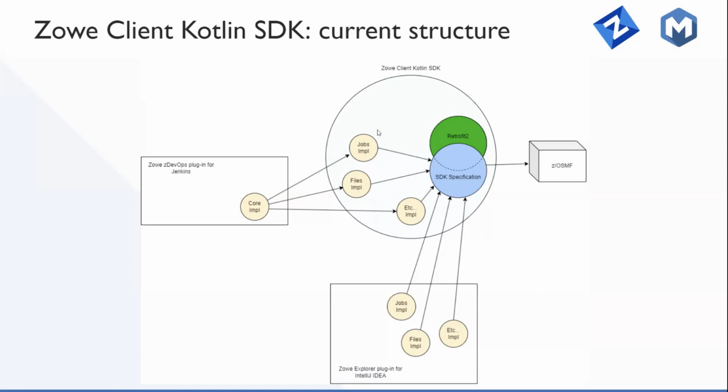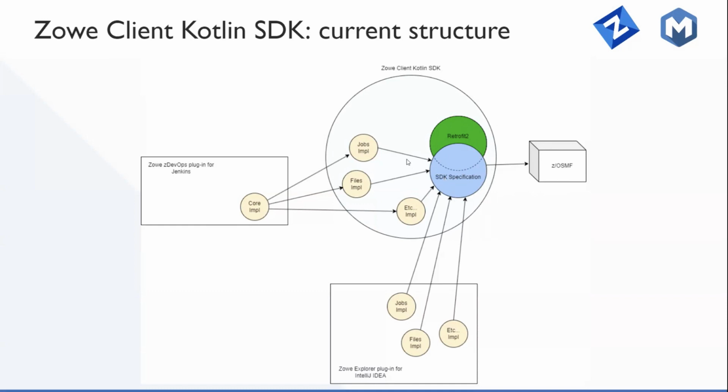For example, in here right now, we have SDK specification written upon retrofit2 library. This thing is communicating with the OSMF REST API. It introduces some kind of interface that is highly merged with retrofit2.